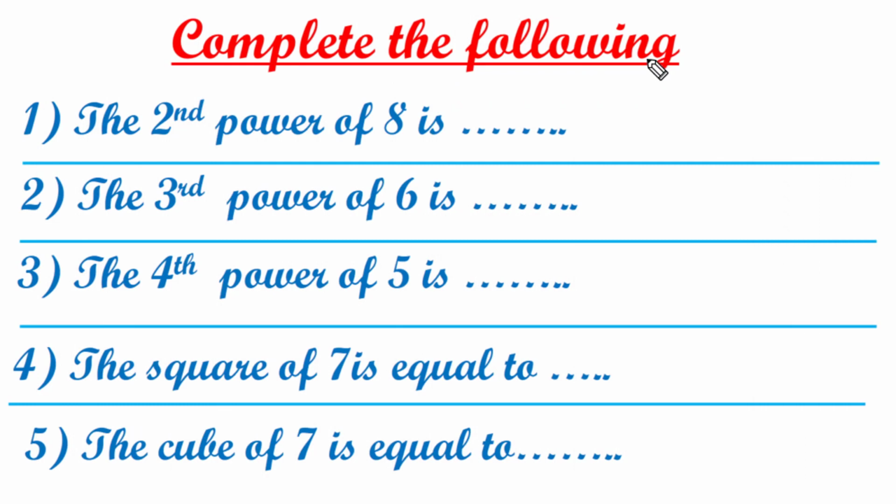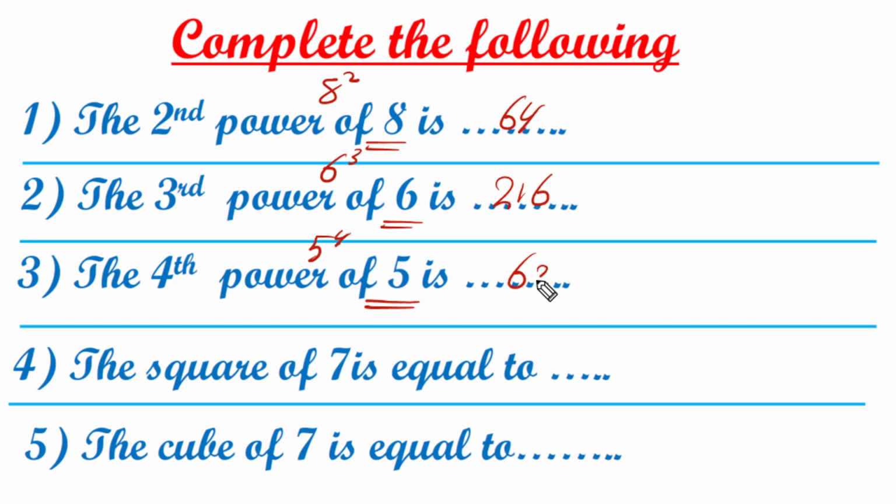Next, complete the following. The second power of 8 means 8 raised to the power 2 equals what? Equals 64. The third power of 6 means 6 raised to the power 3 equals 216. The fourth power of 5 means 5 raised to the power 4.